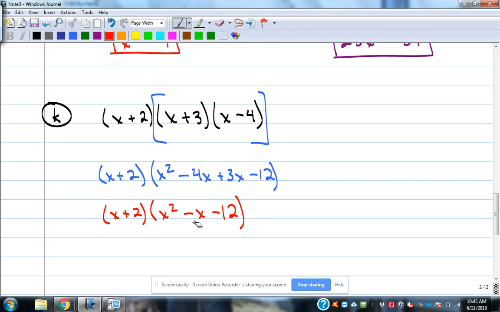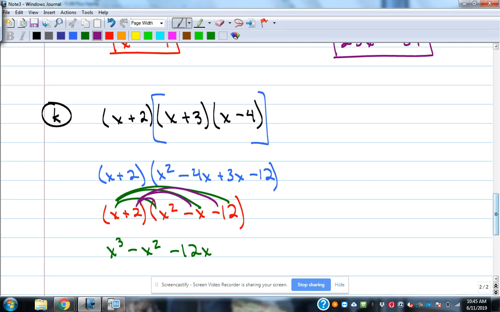Okay. Next step is distribute again with the x plus 2. So x times all of those is going to be x cubed minus x squared minus 12x. And then multiply by the 2.